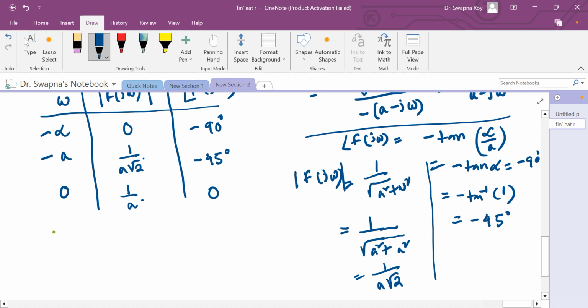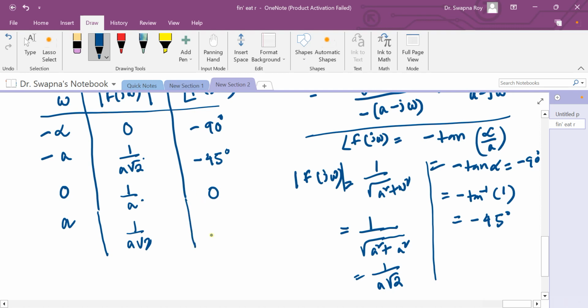And here I am putting omega is equal to plus a. If I put plus a over here, F(j omega) is equal to again root of 2a square. So this is a root 2, and this will be 1 upon a root 2.